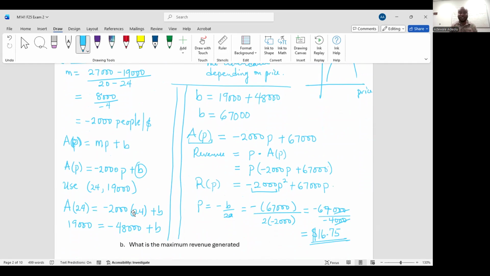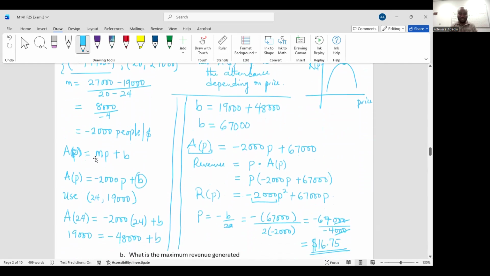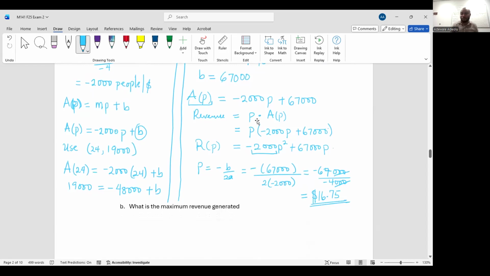If you've forgotten linear equations, go and play the video again and remind yourself how to generate this equation. So we have mx plus c, which in this case we call mP plus b. So we find b, we know our slope already, and our b is 67,000. And then we just use the fact that revenue is unit price multiplied by the number of attendees.